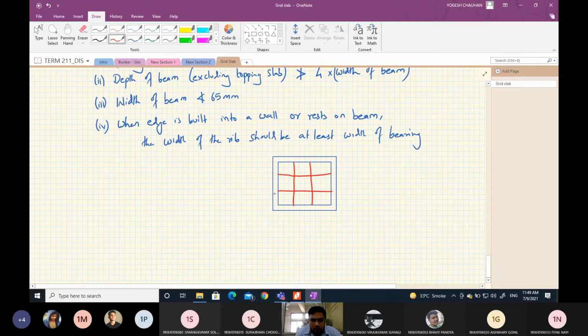Then the end beams which are provided should have at least this much width.